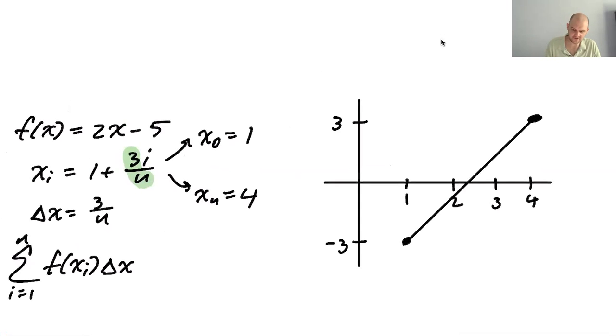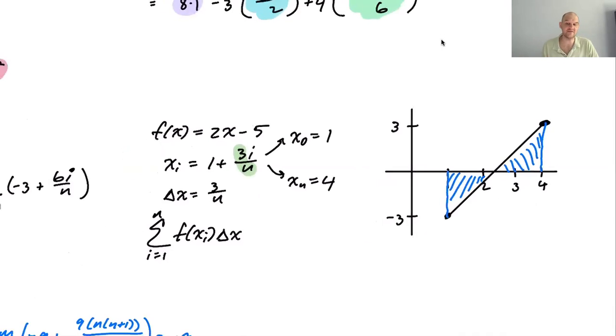I think what I just found is this area, and if I draw it perfectly, it makes more sense. The total accumulated area would be 0 because you're getting this negative region and then this positive region just cancels it out.